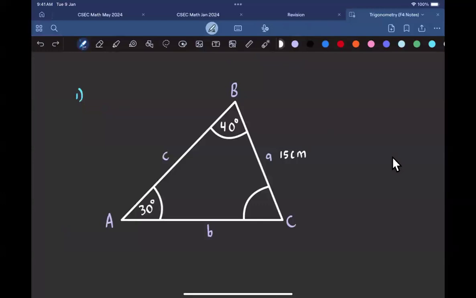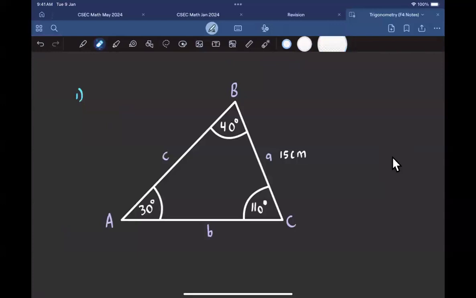How much do the angles in a triangle add up to? 180. So if it's 40, that wouldn't make sense. This would look like 110 degrees, which looks kind of weird, right?